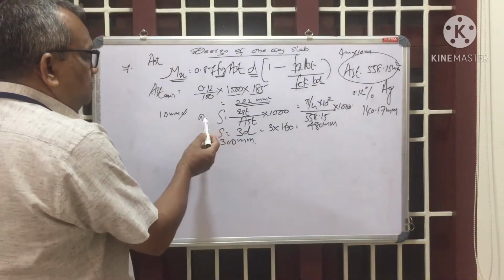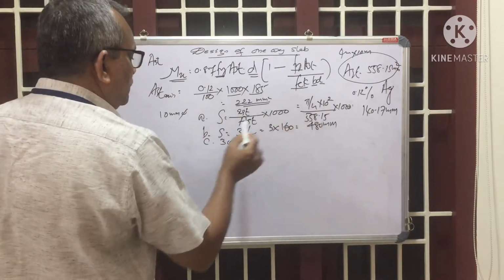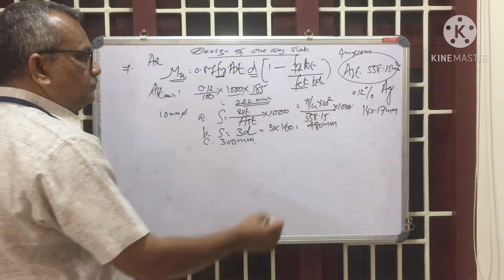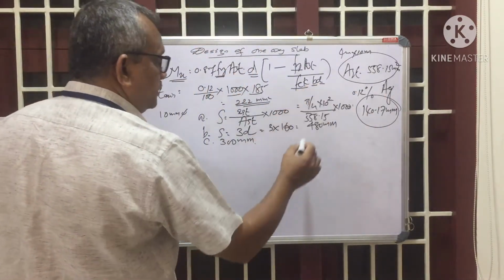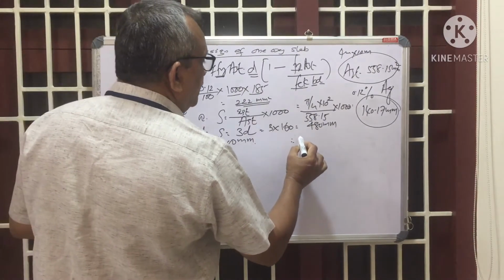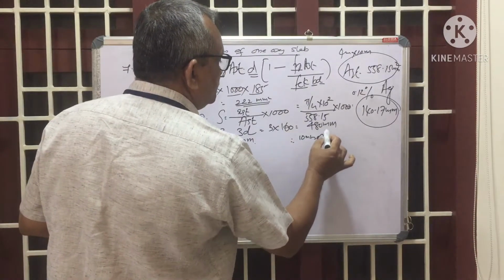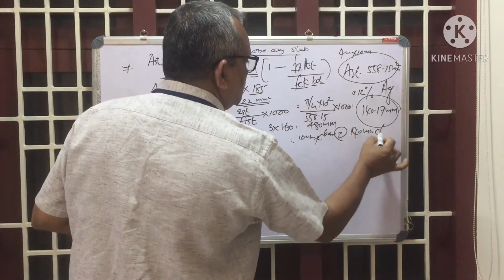So A is 140.17, B is 480 and C is 300 mm. Out of these, provide the minimum, 140.17. Therefore provide 10 mm dia bars at 140 mm center to center.